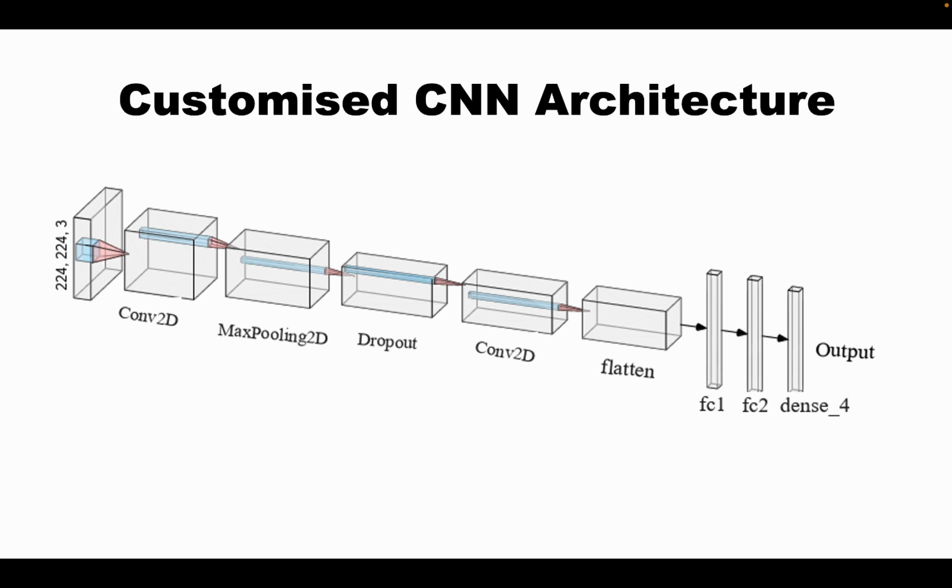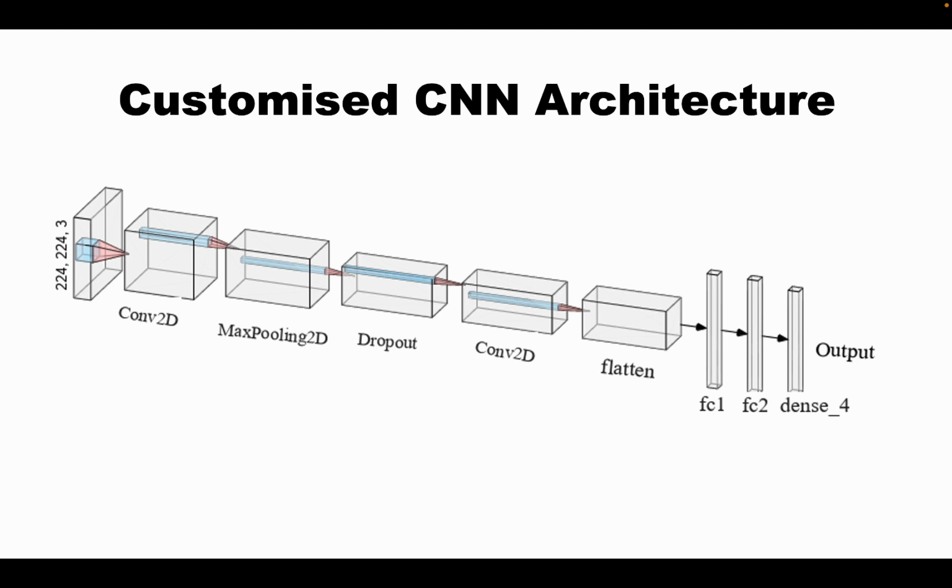ReLU activation, batch normalization, and dropout techniques are employed in the model's architecture to improve its performance and generalization. There are 200 filters in the first convolutional layer, 150 filters in the second convolutional layer, and so on down to 50 filters in the fourth convolutional layer, with each layer using 3x3 kernel sizes.